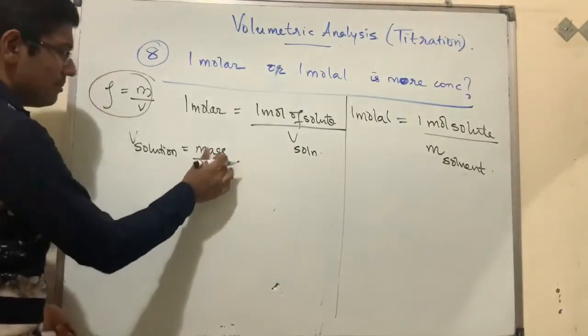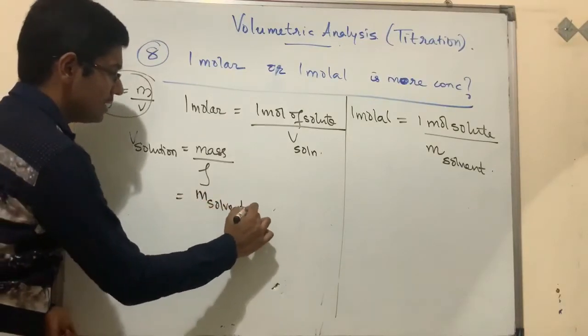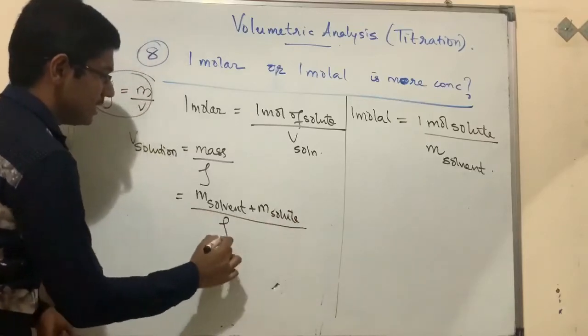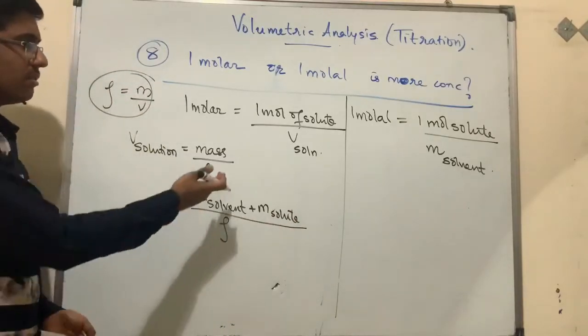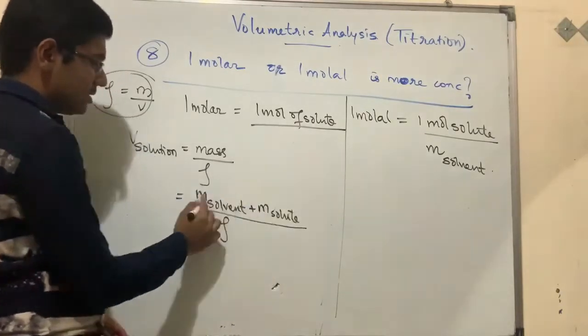So I can write mass as mass of solvent plus mass of solute, divided by density. Right? So instead of volume of solution, I can write this expression.